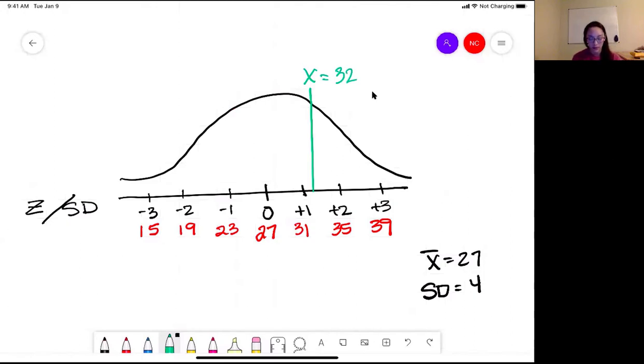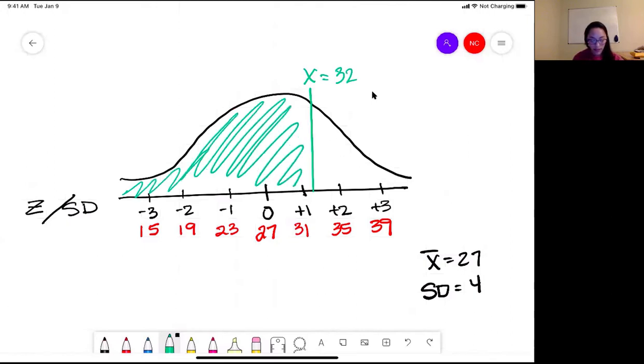But what does that mean for us? I want to know the percentile of that raw score, which means I'm looking for any value that exists to the left of 32, because that's what percentiles mean: any score at or worse than the specified score. So we need to convert this to a z-score if we're going to use the z-table.